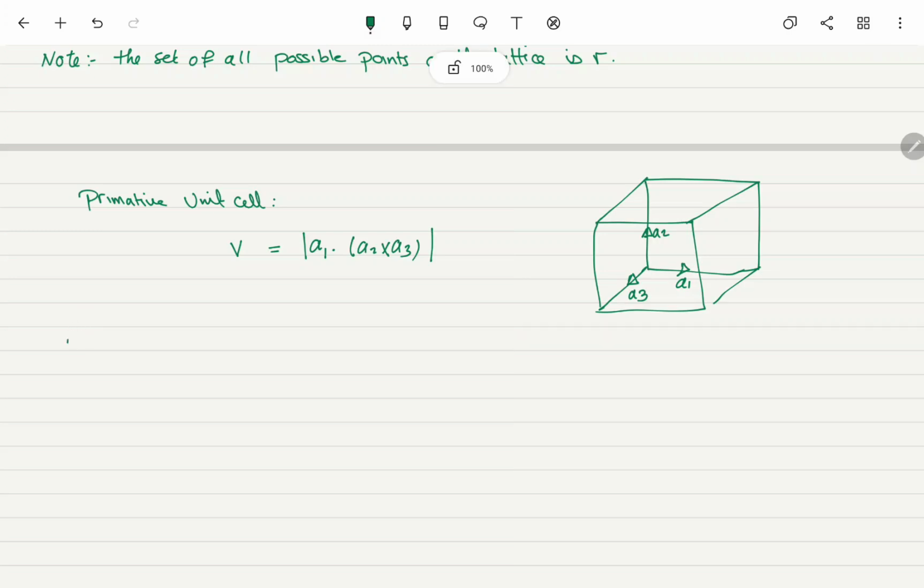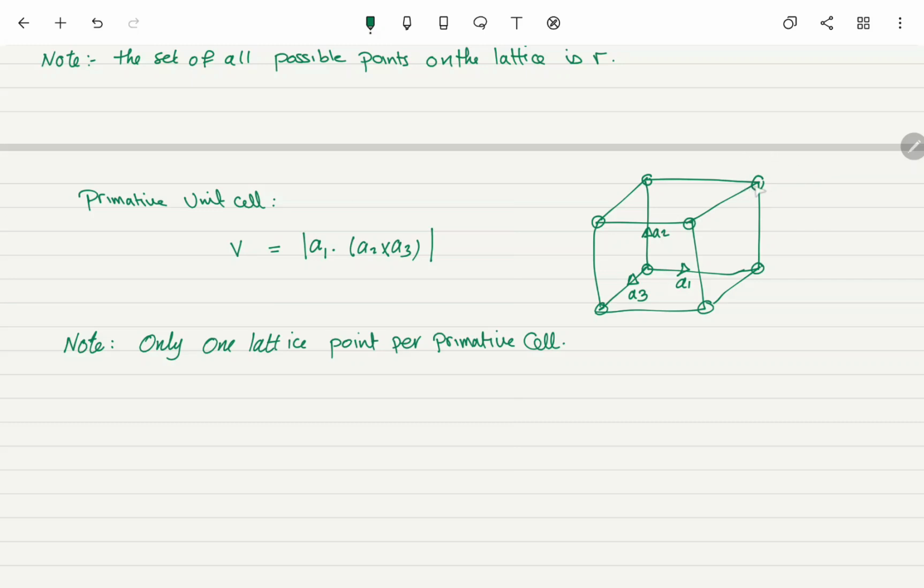A very important note here, there is always one lattice point per primitive cell. So in this case, if we have 8 atoms right in the corners, each one of these atoms is shared with 1/8 of it, because it's a periodic structure, so there are other cubic systems around this one.